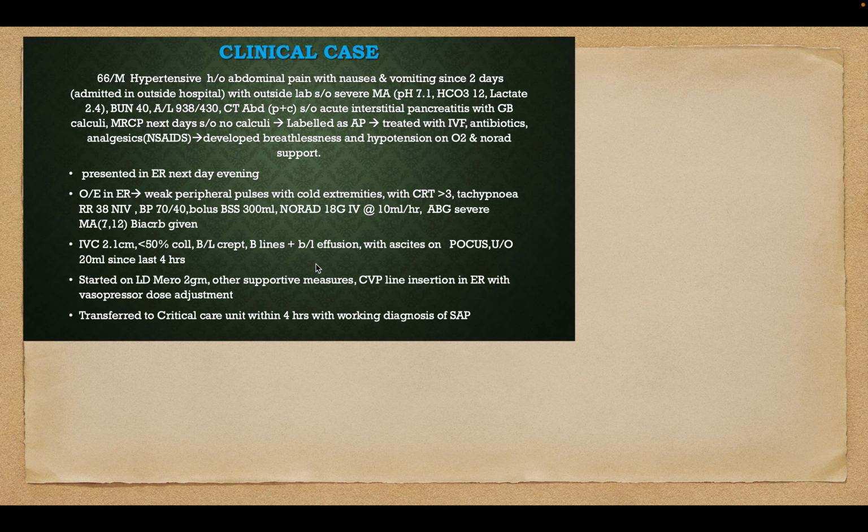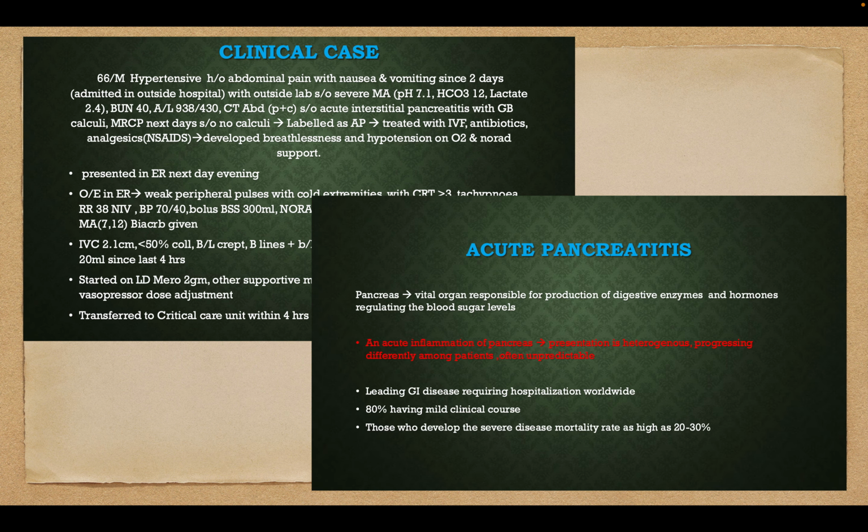So this is a clinical case scenario, and it just brings us to the question of what is acute pancreatitis. The pancreas is a vital organ responsible for production of digestive enzymes and hormones regulating the blood sugars.